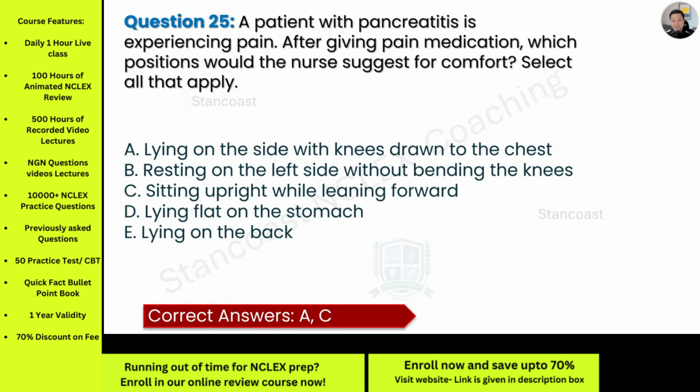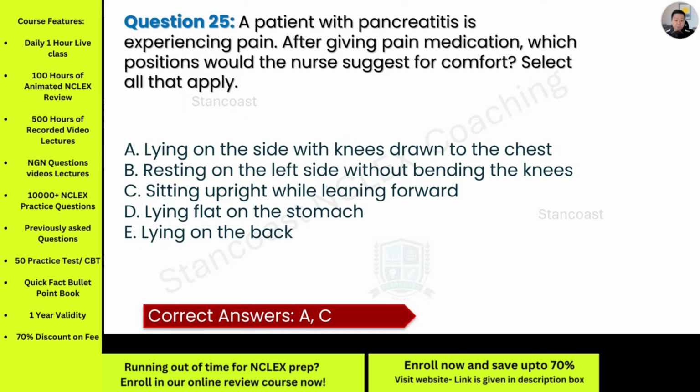The pancreatic pain is often alleviated by sitting, leaning forward, which can reduce the pressure on the inflamed pancreas. And the fetal position, or the side lying with the knees bent, can also help the abdominal wall. It can also reduce the discomfort.